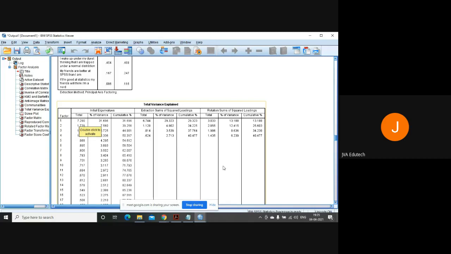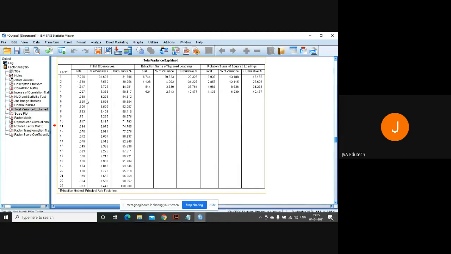Then in the second case, it's 1.739, then third 1.317, fourth 1.227. And you can see almost by using these four, 40% of the variance could be explained also. So why not keep all four? After that, you will see that the eigenvalues have dropped below 1.